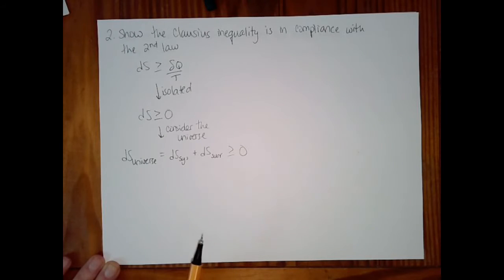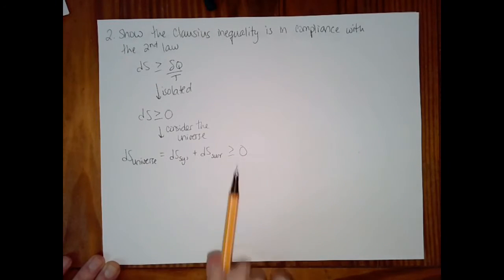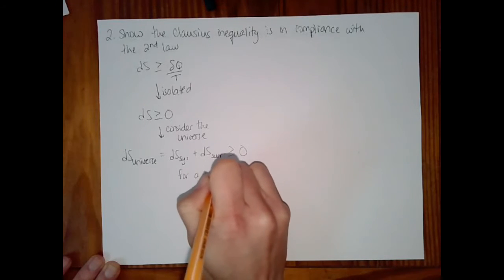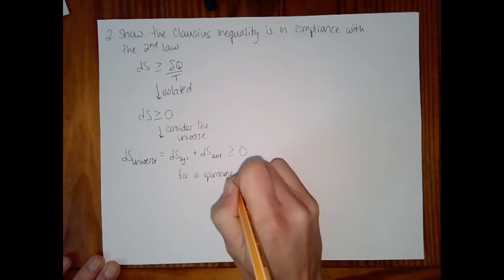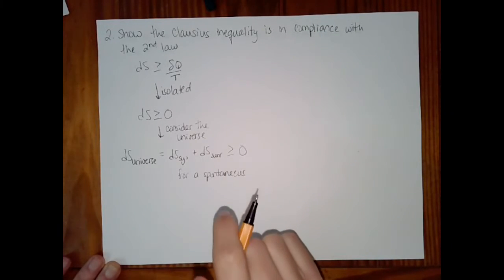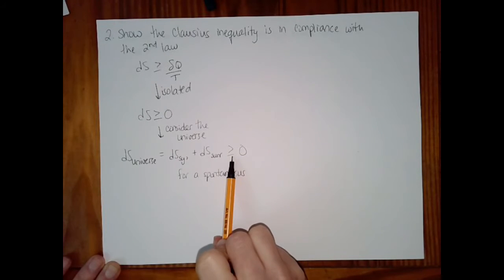So two things to point out. The rest of our definition of the second law says that this is for a spontaneous process. Well, from the perspective of the universe, if you go out that far, everything that's happening is a spontaneous process, or at best, a reversible equilibrium process.